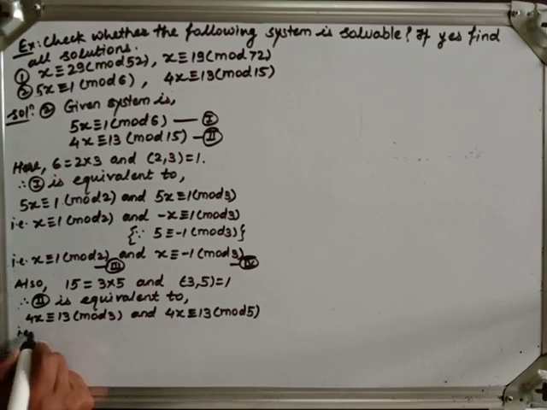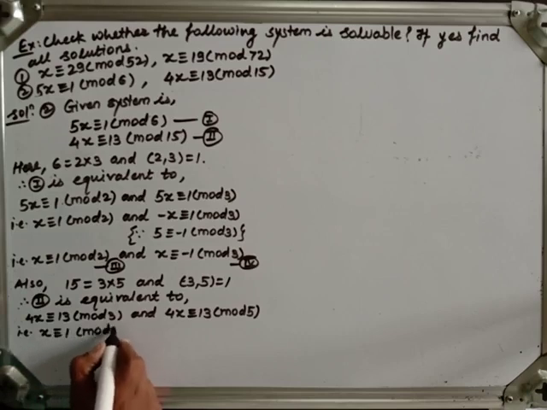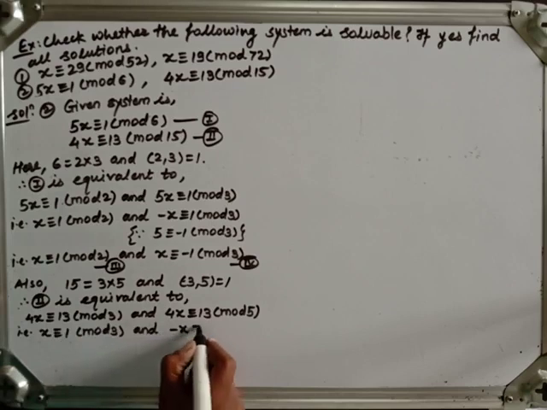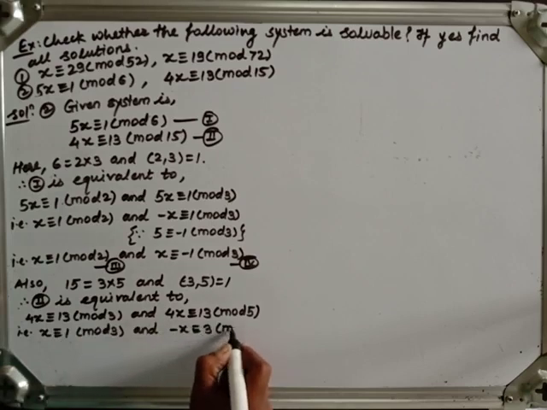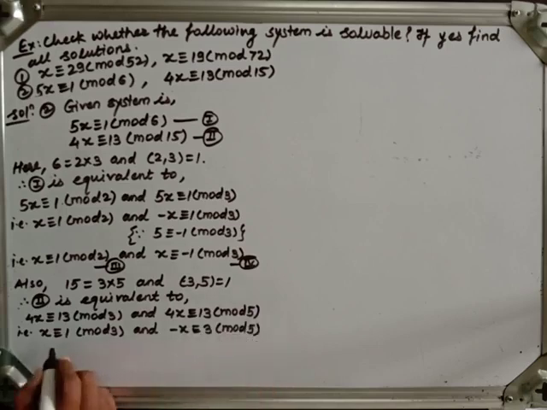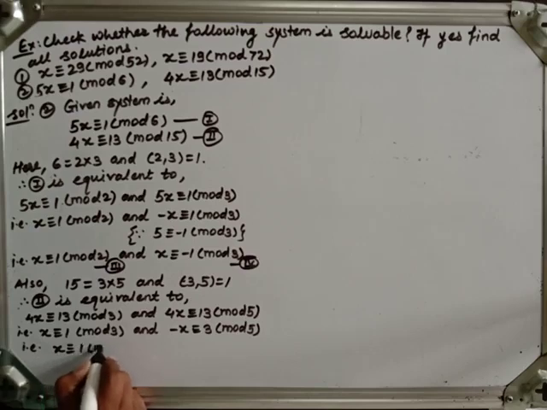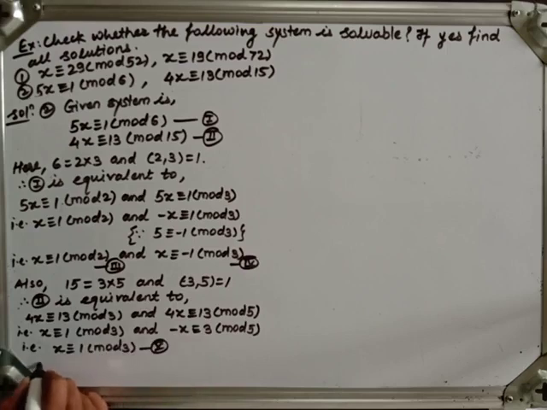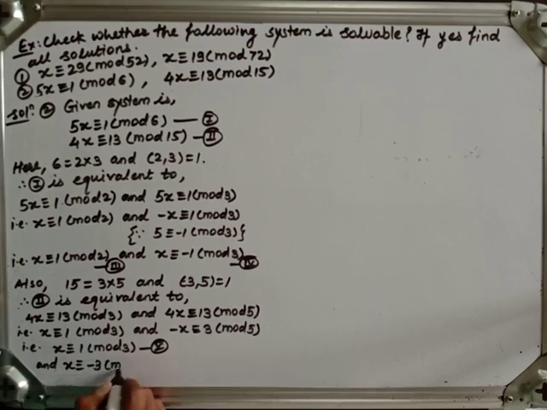That is x congruent to 1 modulo 3 and minus x congruent to 3 modulo 5. Or that is x congruent to 1 modulo 3, call it equation number 5, and x congruent to minus 3 modulo 5, equation number 6.